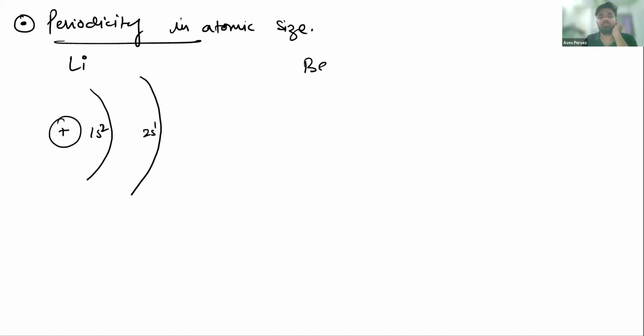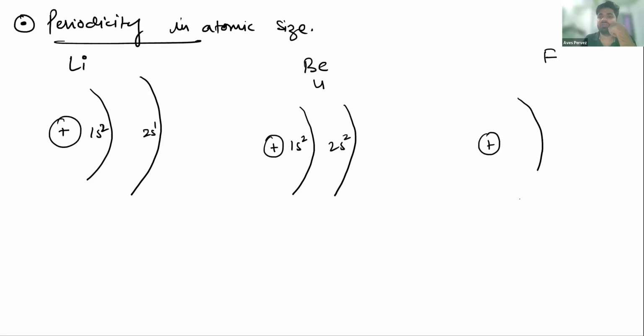Second, beryllium, and then fluorine. Beryllium has 4 electrons: 1s2 and then 2s2. And the electronic configuration of fluorine is 1s2, then 2s2 and 2p5. Got it?